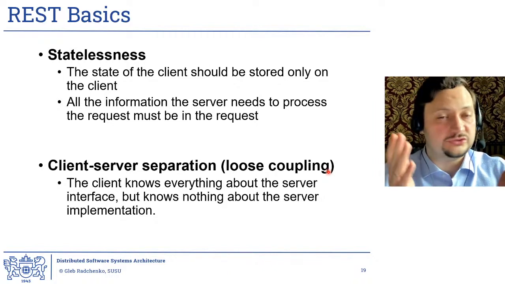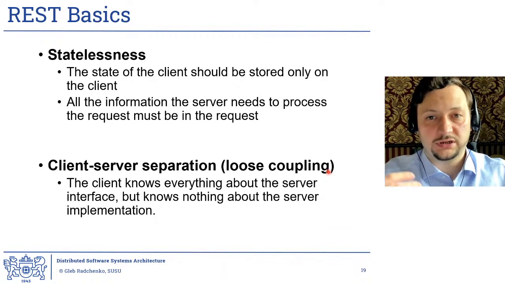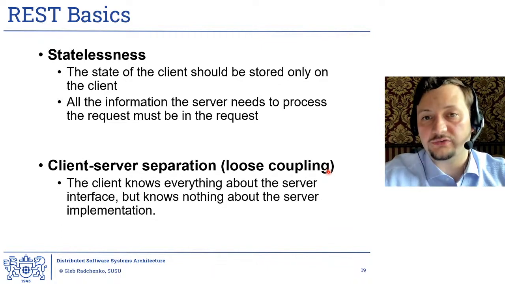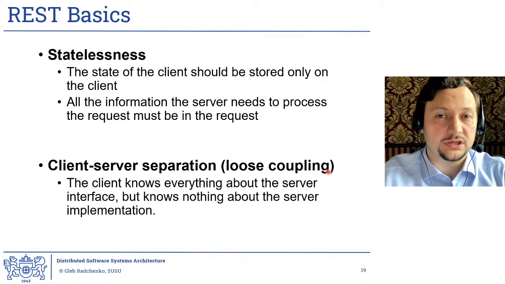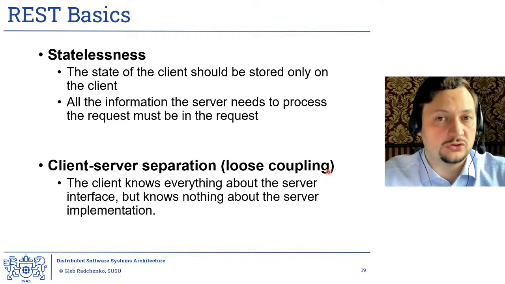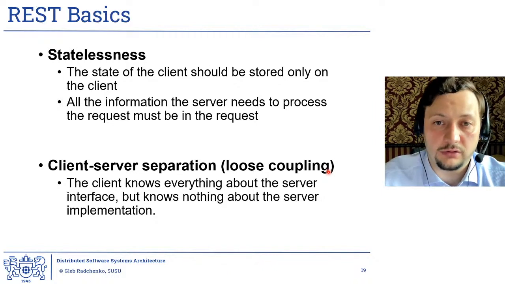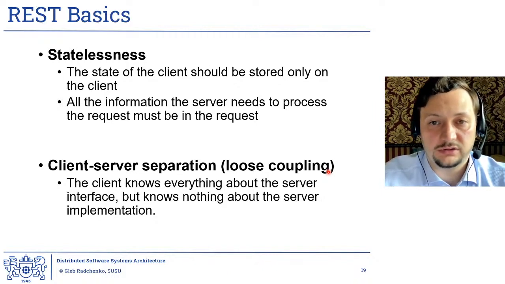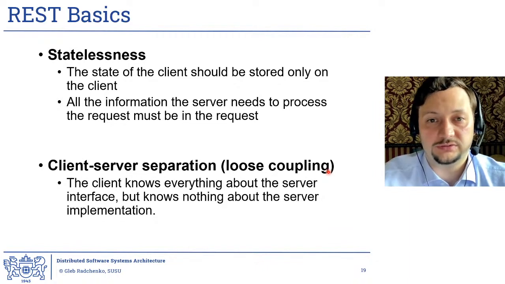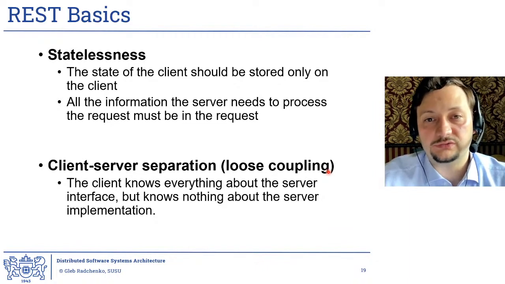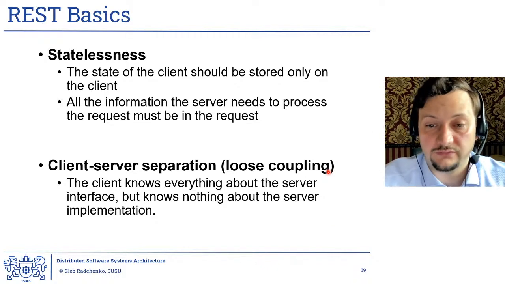Do we use Java? Do we use folders to store the photos, or do we use some SQL server to store the information? That should not bother our users. It should not be clear in the API that we use some specific method to work with the data on the server.